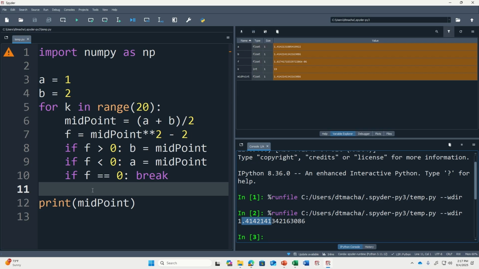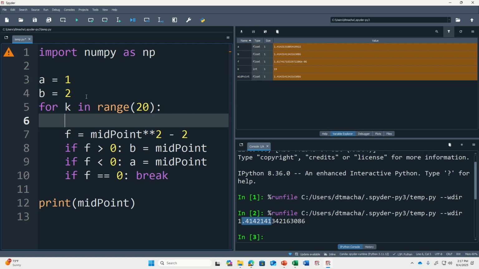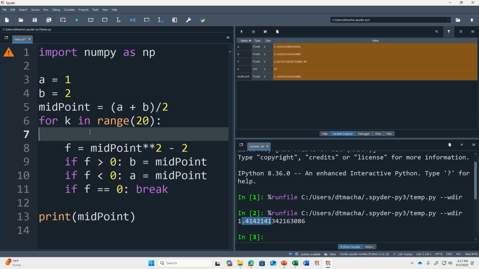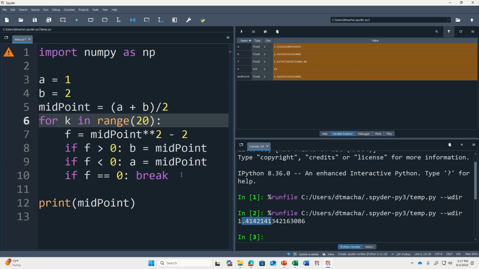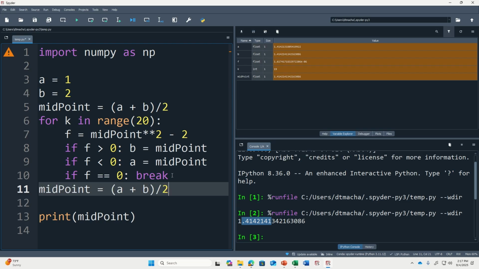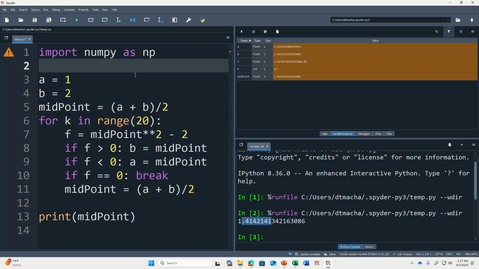But there's a few things I want to point out. For one thing, I could get another iteration of accuracy, not completely for free, but not in a completely terrible way either, if I do something like this. The one slight improvement I made to this code is I start by calculating the midpoint before I begin, and then I calculate a new midpoint at the end of every loop.